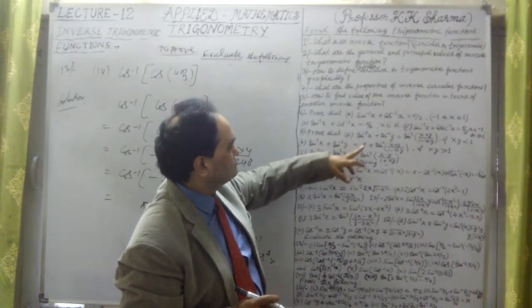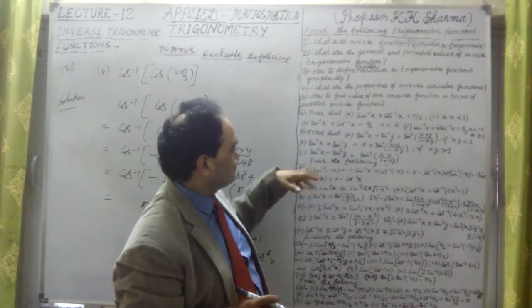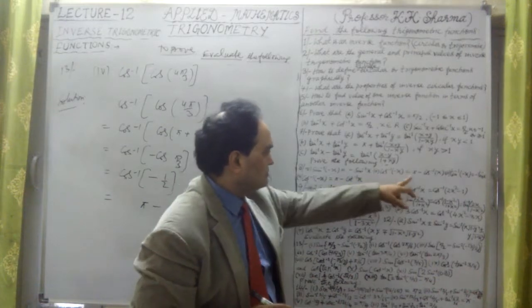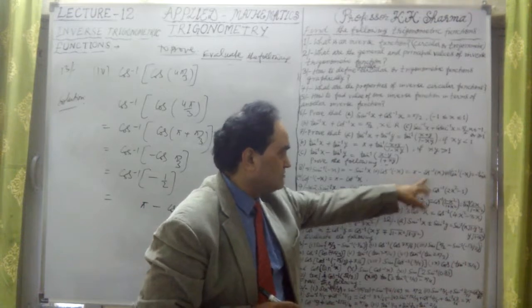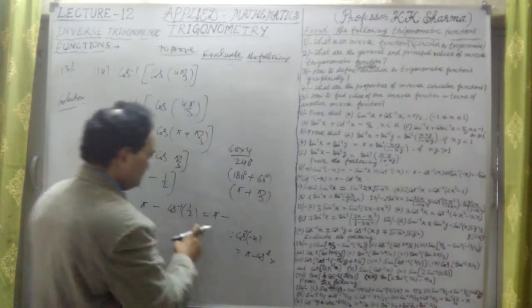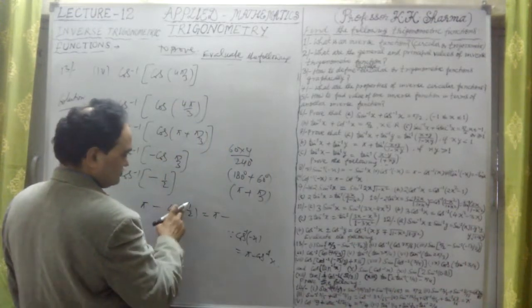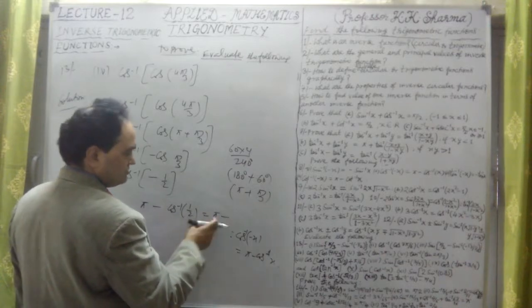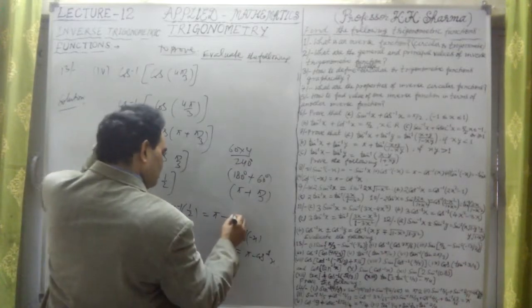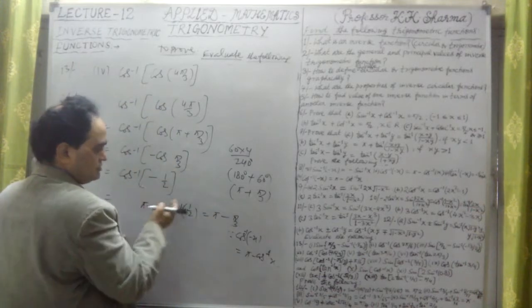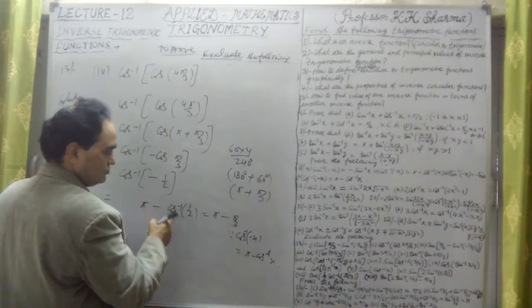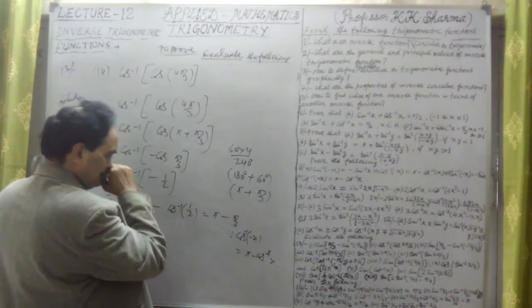Here it is, cos inverse of minus x equals pi minus cos inverse x. In that way we have done this. Cos inverse 1/2, 1/2 is for pi by 3. This is pi by 3 here. Because just reverse it, cos pi by 3 is 1/2, so therefore cos inverse 1/2 is pi by 3.